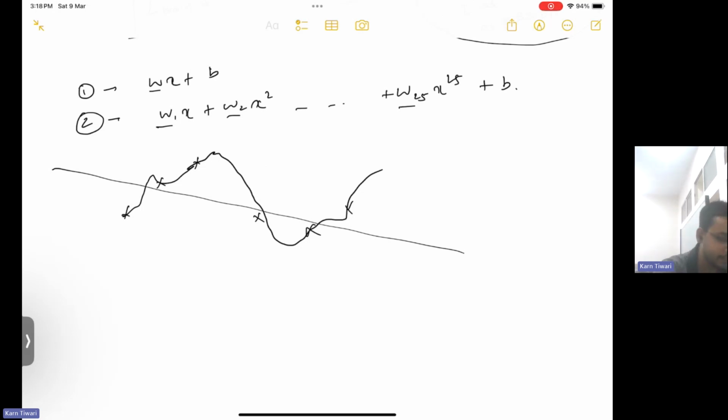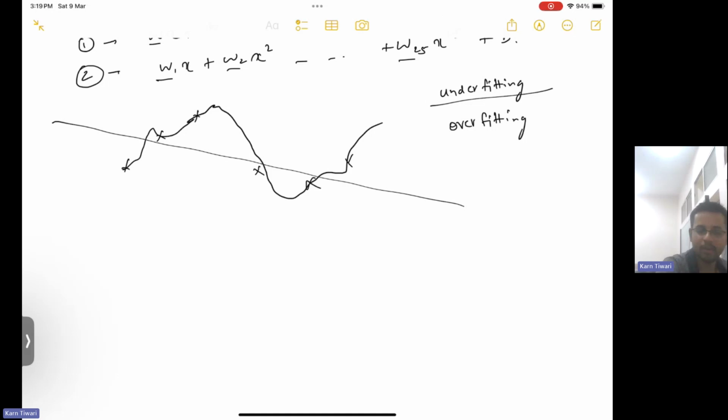Underfitting means it is not explaining the training data well, not fitting the curve properly at all. Overfitting means it has a ziggly wiggly kind of shape, and the training error is basically zero. But it also doesn't perform well on the testing data.